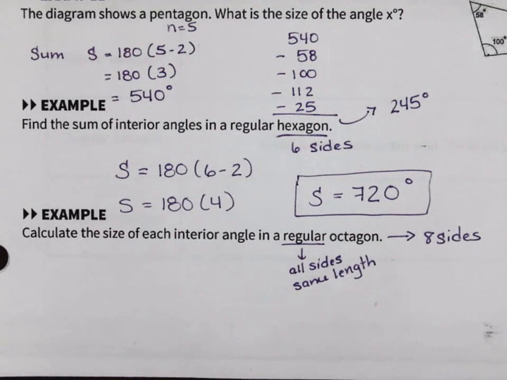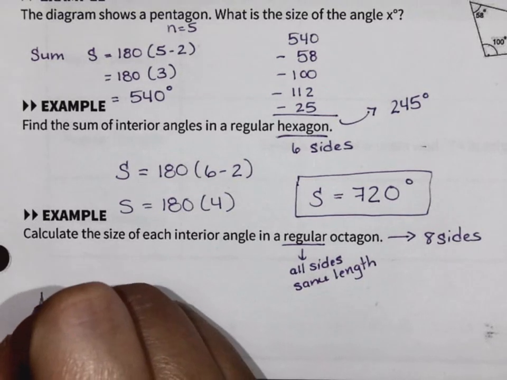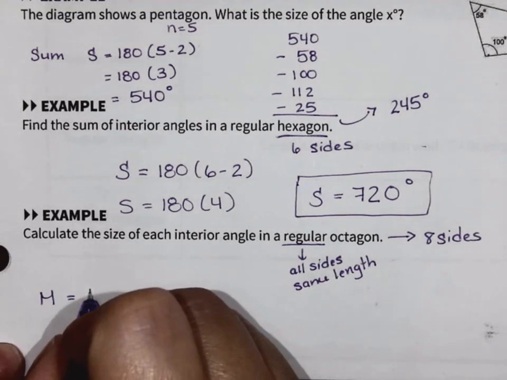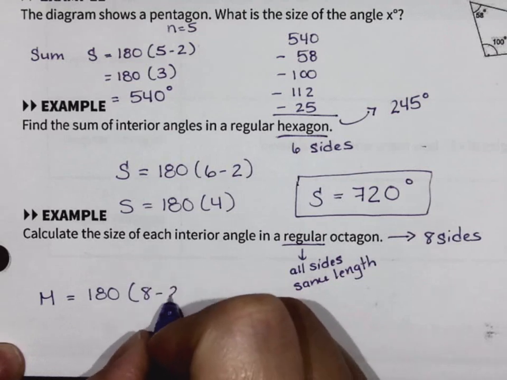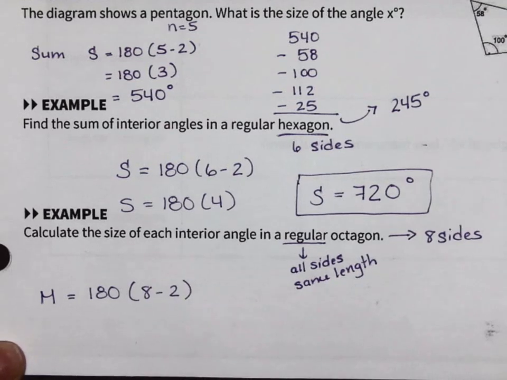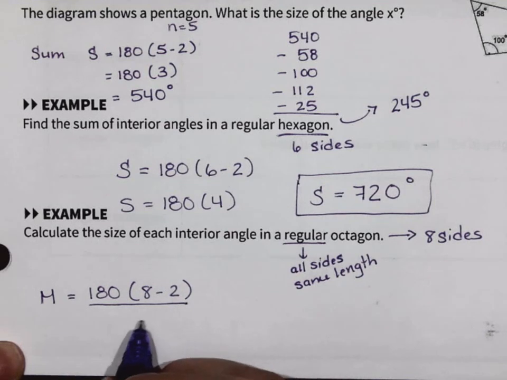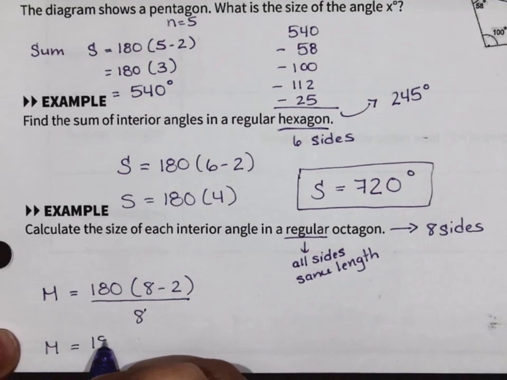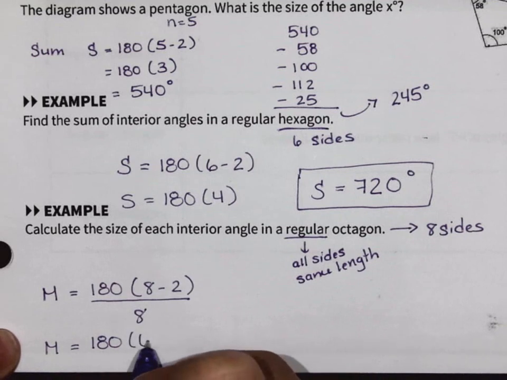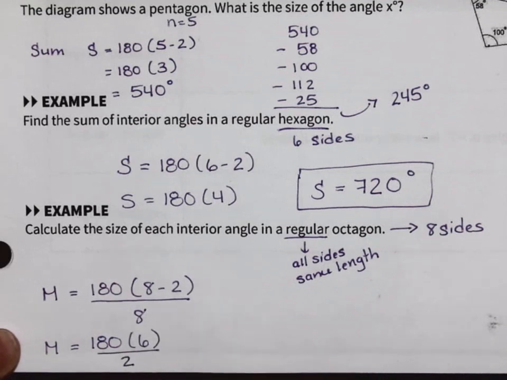Okay. So we're going to use that other formula, the size of each interior angle. So that formula is m equals 180 times (8 minus 2). That looks really familiar. That's the sum formula. But then we're going to divide by 8. So m is equal to 180 times 6, divide by 2.